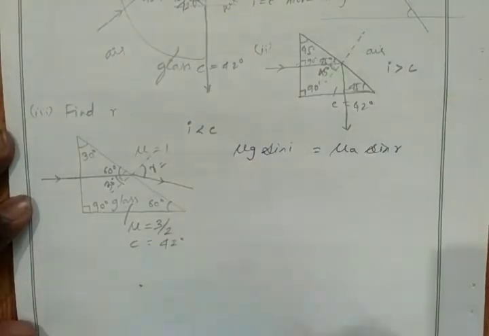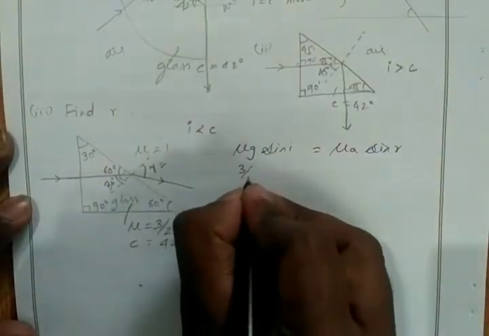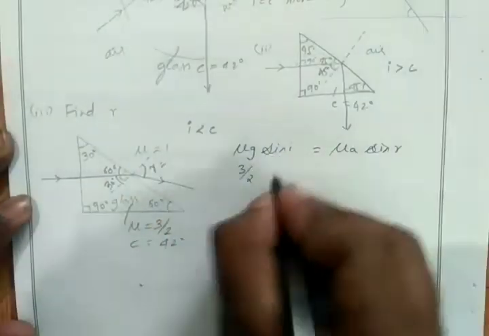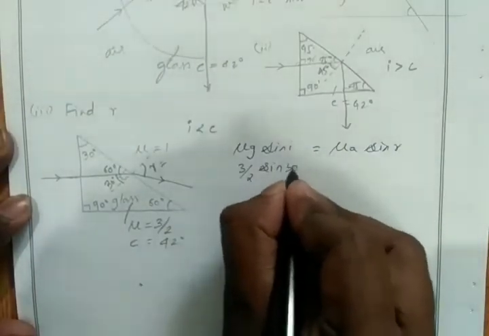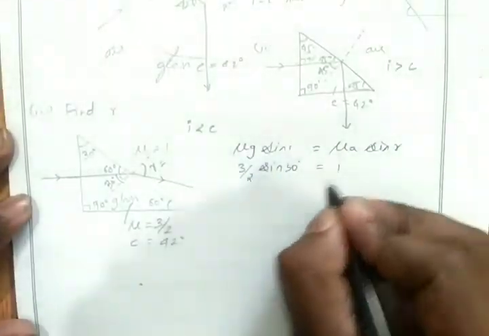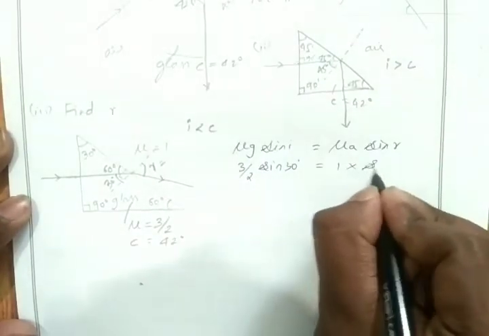Okay, mu G given 3/2. Sin I we just found, sin 30 degree. Mu A is 1, sin R we have to find.